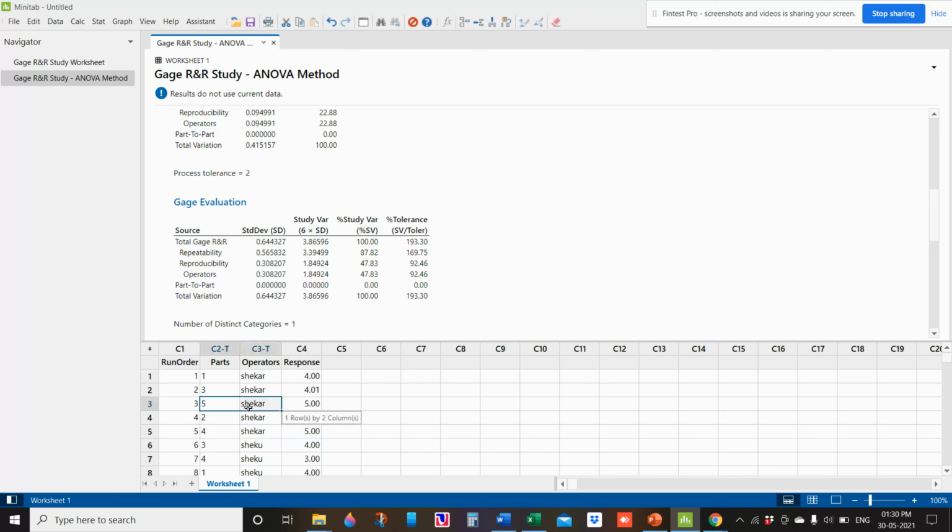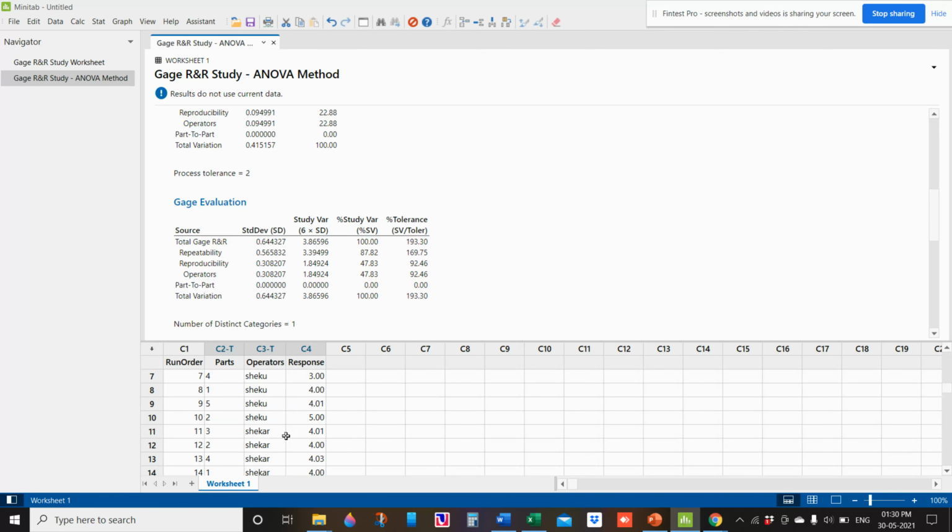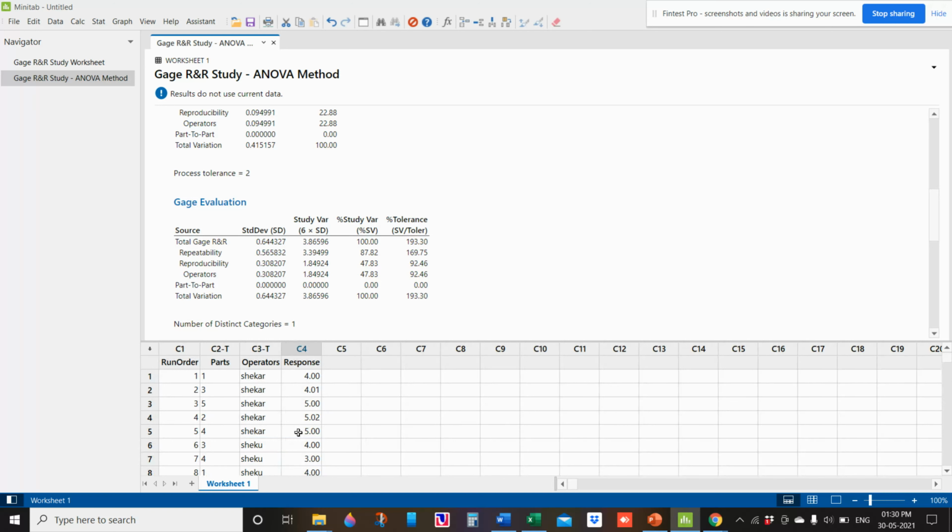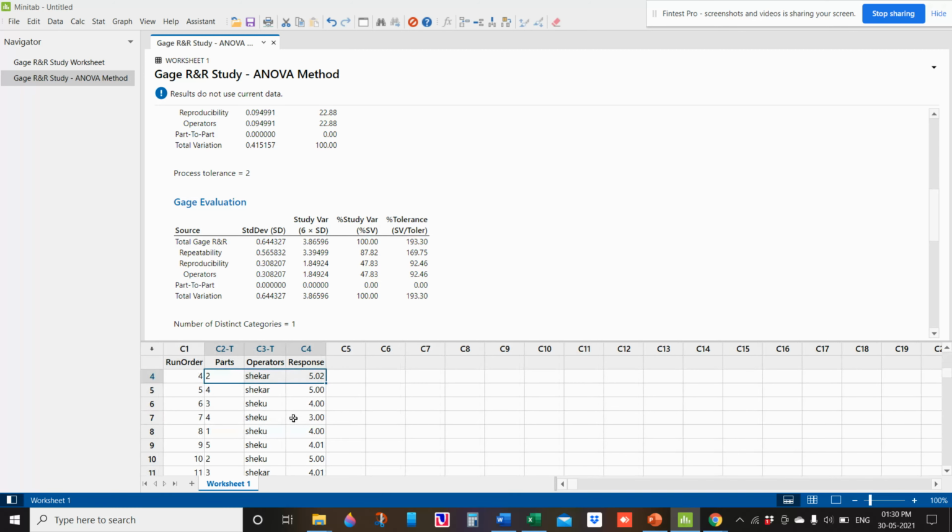Then for the fifth part I gave 5 mm. Here I gave 5.03, I'll make it 5. Then for the second part I said 5.02.